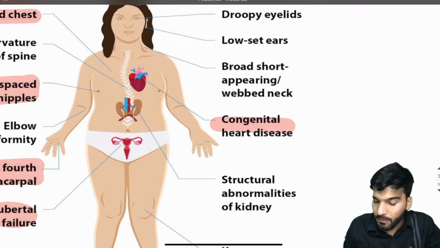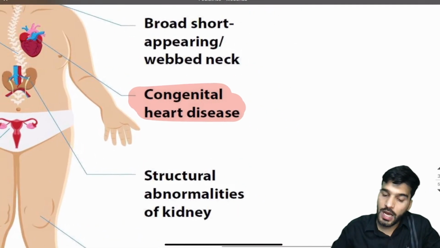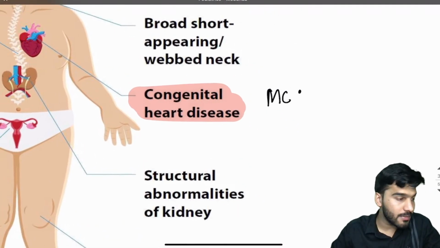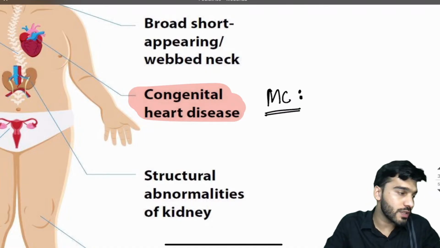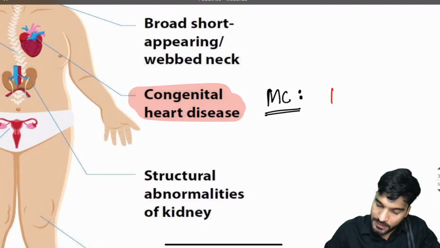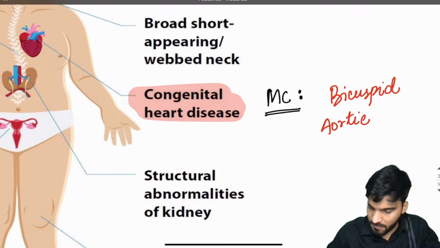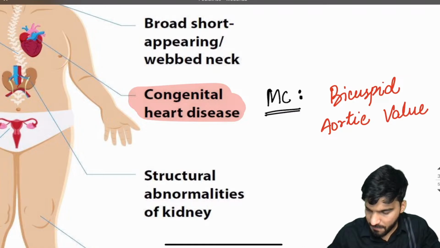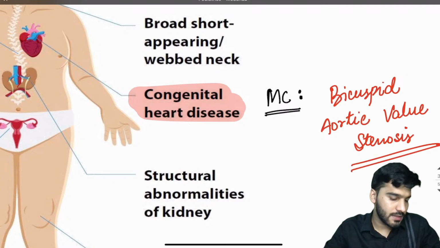The most common congenital heart defect associated with Turner syndrome is bicuspid aortic valve stenosis.